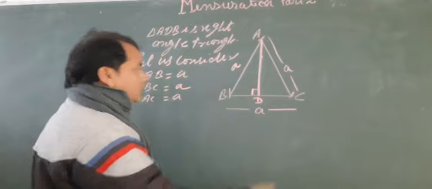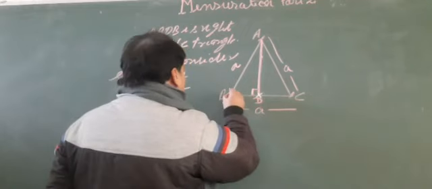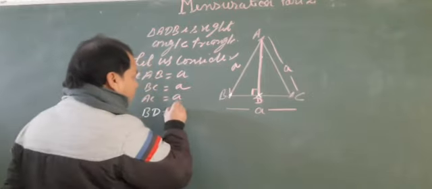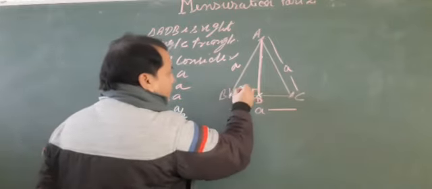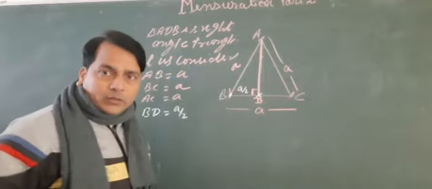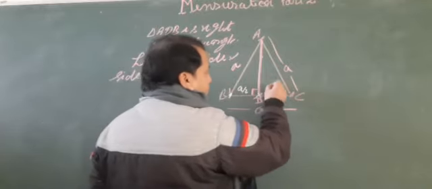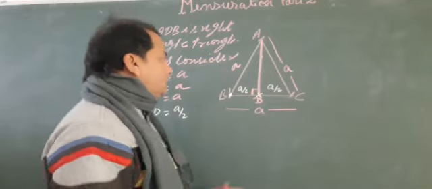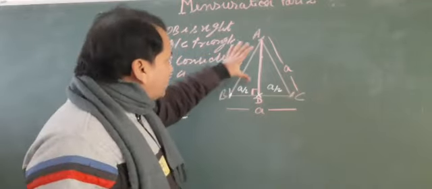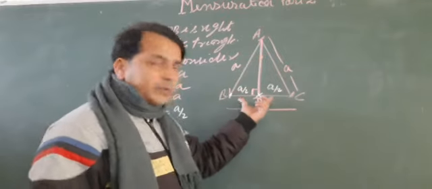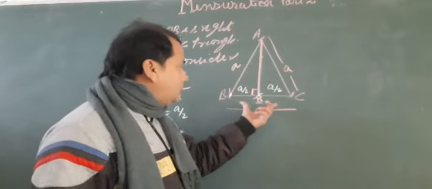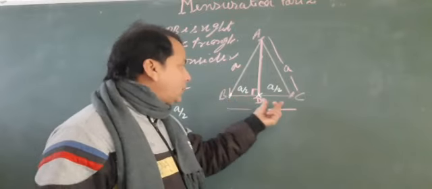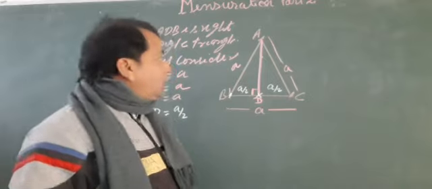So BD equals A by 2 and DC equals A by 2. Since AD divides BC into two equal parts and side BC equals A, BD equals A by 2 and DC equals A by 2.